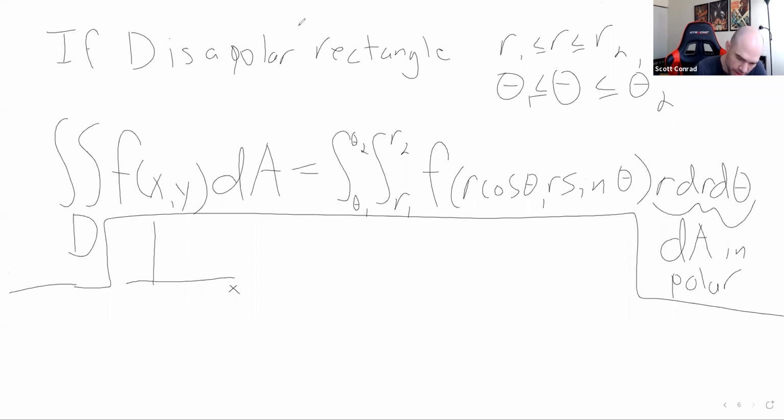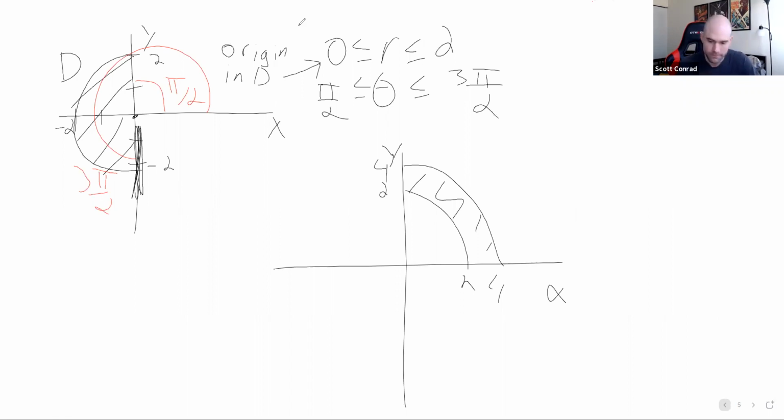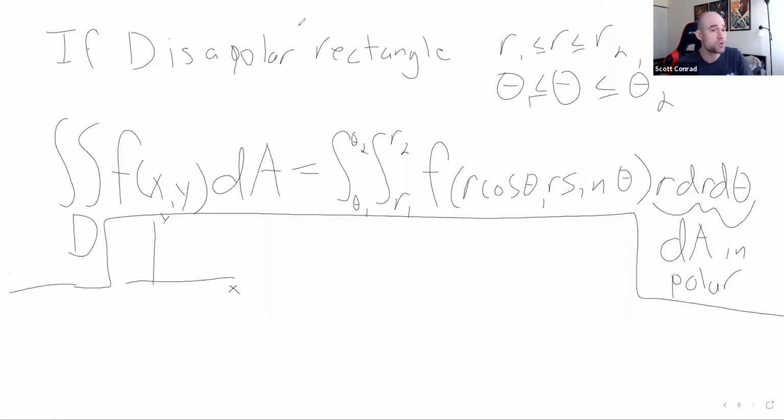So suppose our region D is that piece of the annulus that I had here. It's a region in the first quadrant between the circle of radius 2 and the circle of radius 4.